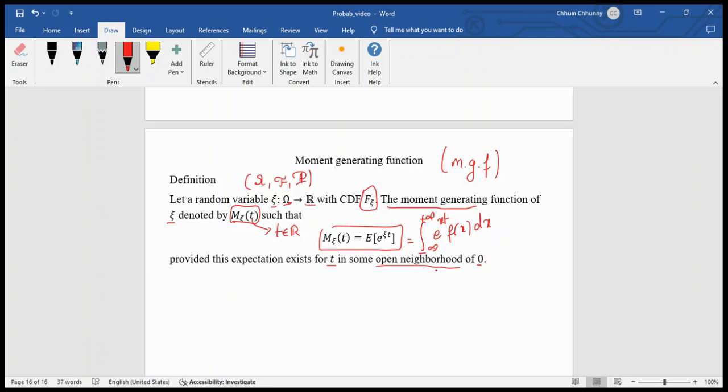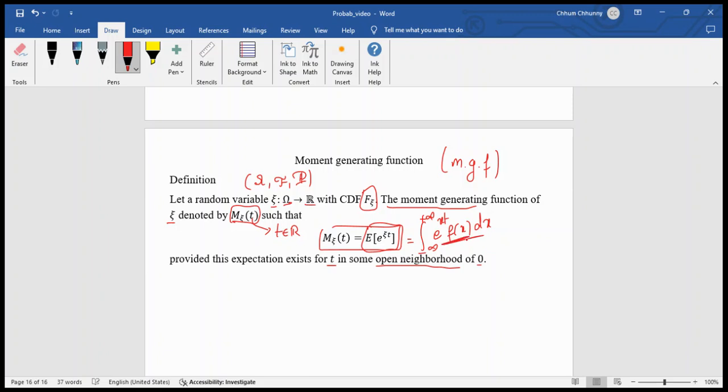So in this case, if this expectation does not exist in the open neighborhood of zero, we say that the random variable does not have an MGF, or moment generating function.